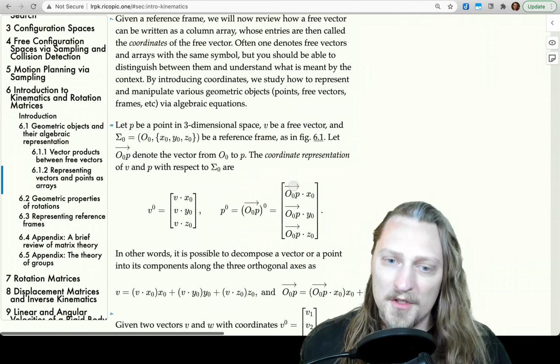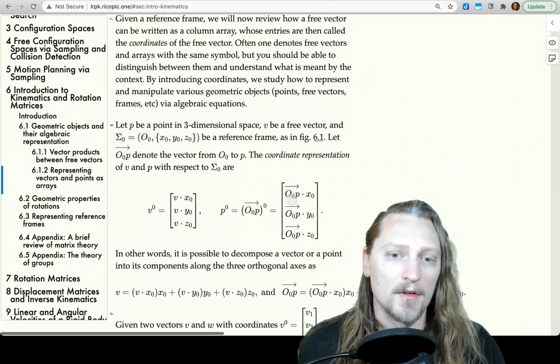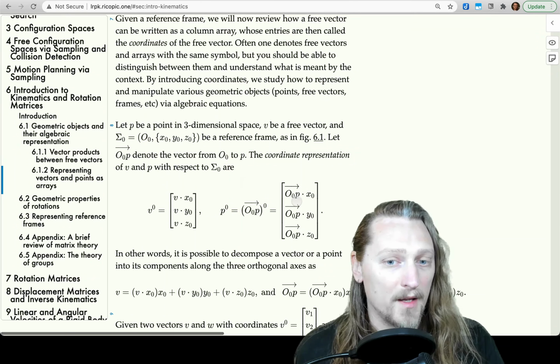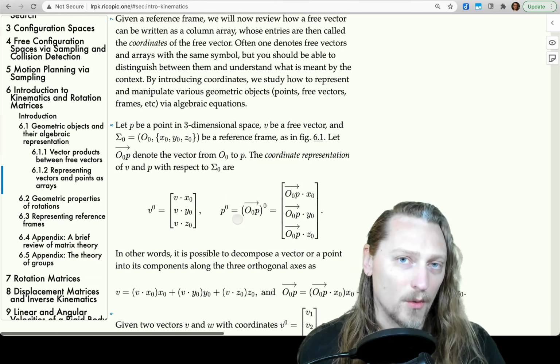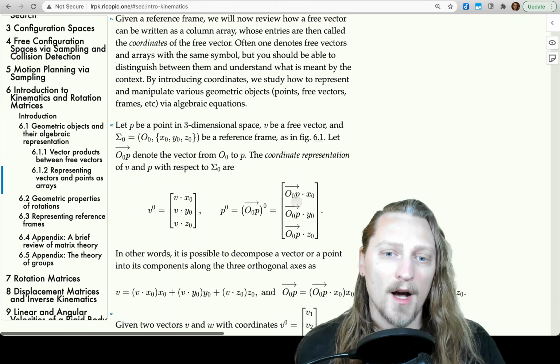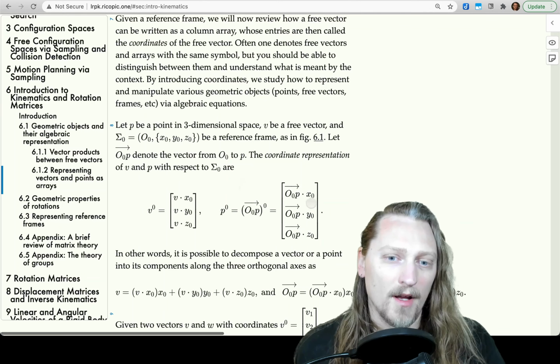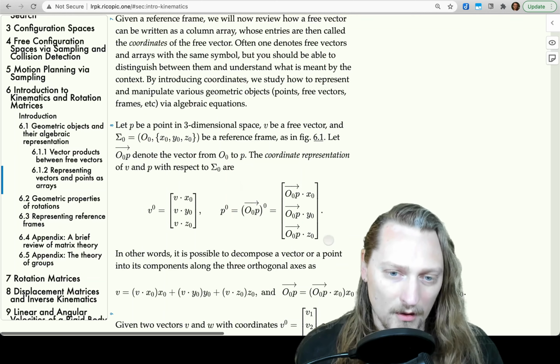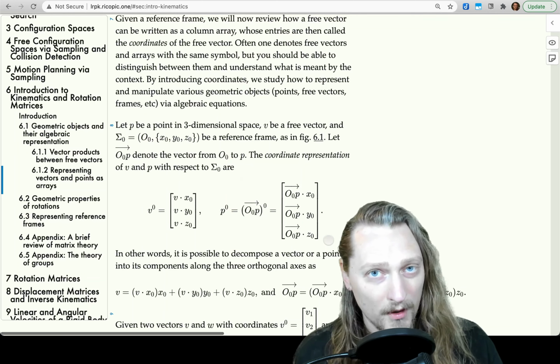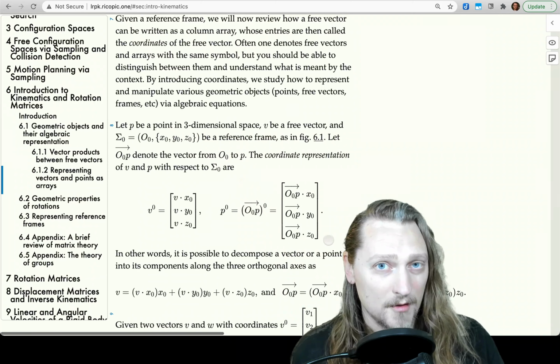And what we do is we just take that vector from the origin to that point, P, that we're trying to write in its coordinate representation, and you dot it with the x unit vector, the y unit vector, and the z unit vector to get the three components that will represent P.